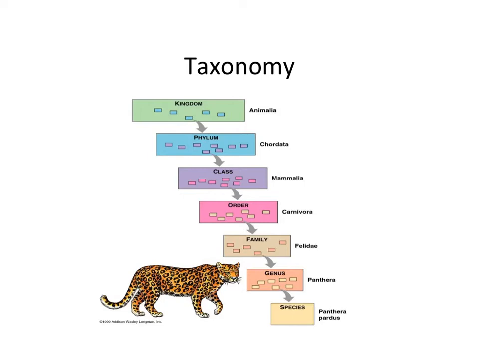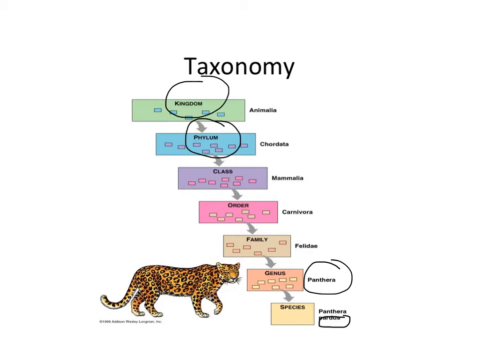And based on Linnaeus's system, you have to go through this hierarchy. You start with the kingdom, and once you decide what kingdom it's in, then you decide the phylum, and you just keep on going down the chain until you get to the genus and the species. Now, in this case, the species is really just the second part of that name.